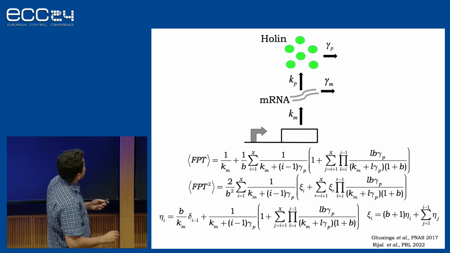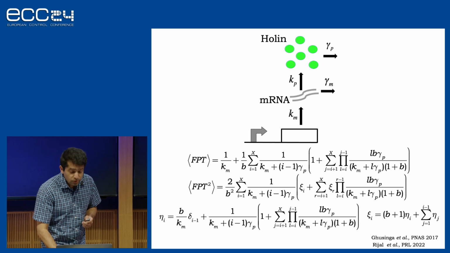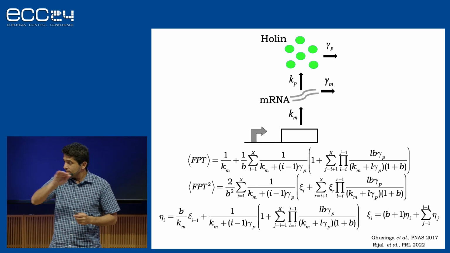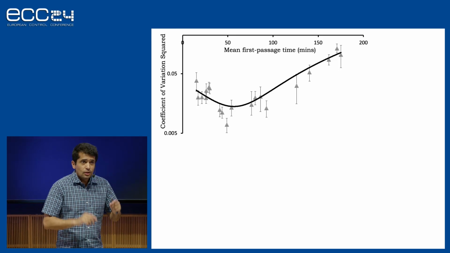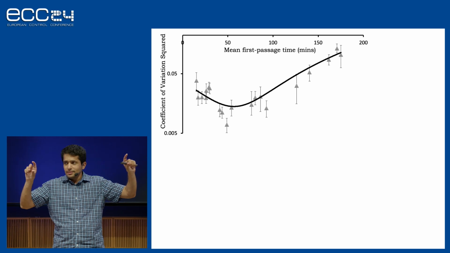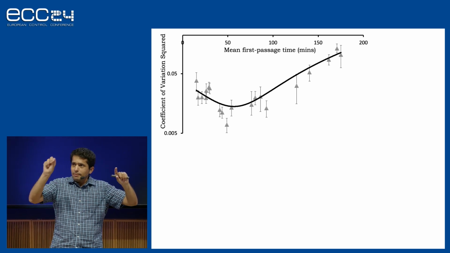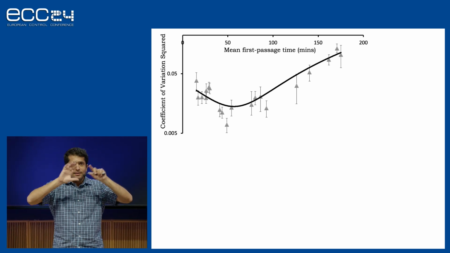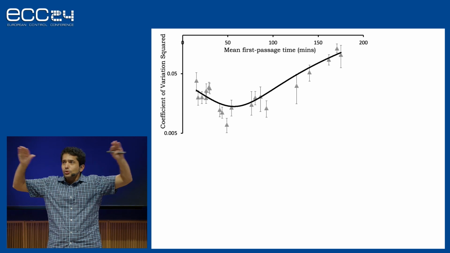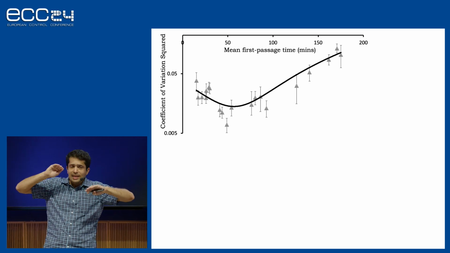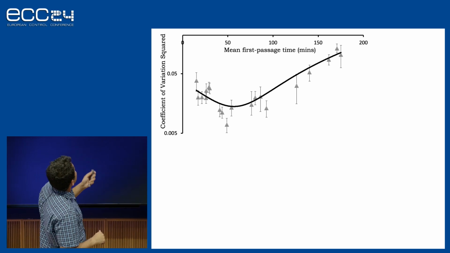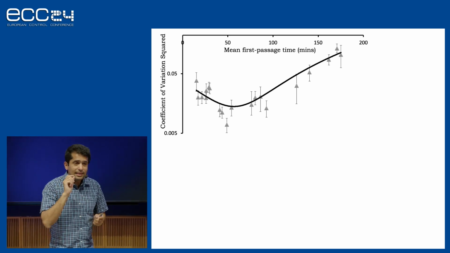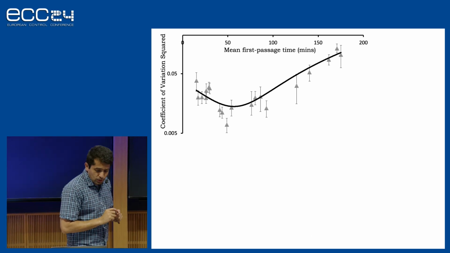So here's an example where we experimentally change the threshold of lysis. And so here are different lambda phages. The Holin protein has a sequence. So you mutate the sequence point by point and have different lambdas with different thresholds: 100 molecules, 1,000 molecules, 10,000 molecules. These triangles are the timing of lysis in these different strains with different thresholds.